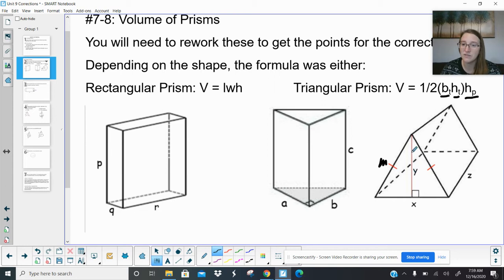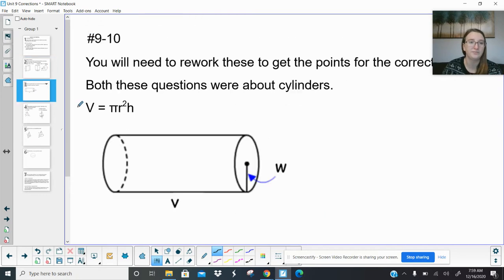Y is the height of the triangle. Z is the height of the prism. So you should not have used W at all. Again, you just would have multiplied these 3 numbers together and then taken half, and that's it. So those were your 3 possible problems you could have gotten. Go back to your test, see if you can figure out what you did wrong, and try to rework it to get the right answer.